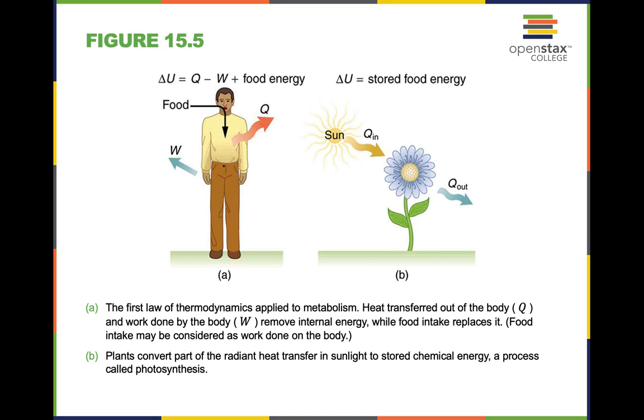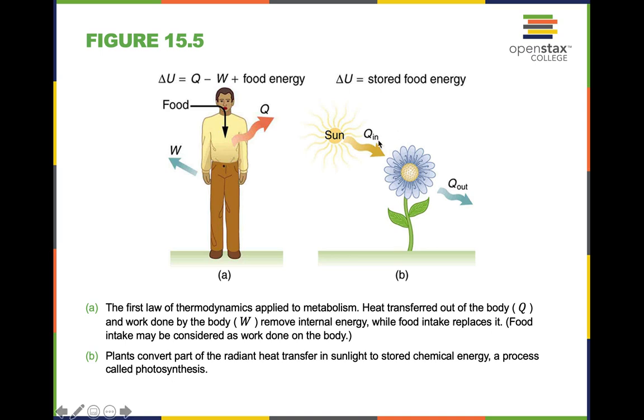So for figure 15.5, we have A, the first law of thermodynamics applied to metabolism. Heat transferred out of the body Q and work done by the body W remove internal energy, while food intake replaces it. Food intake may be considered as work done on the body. So for B, plants convert part of the radiant heat transfer in sunlight to stored chemical energy, a process called photosynthesis.